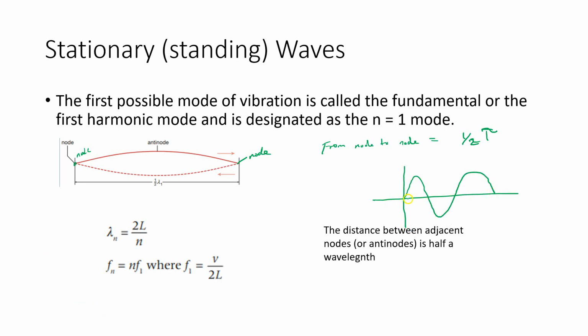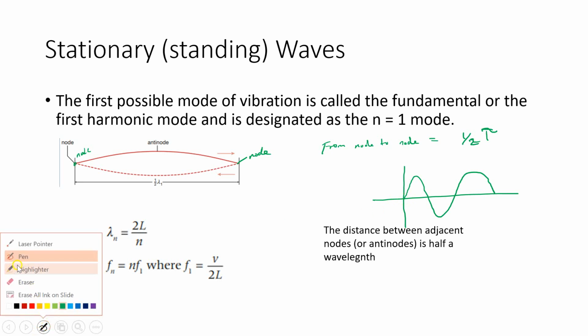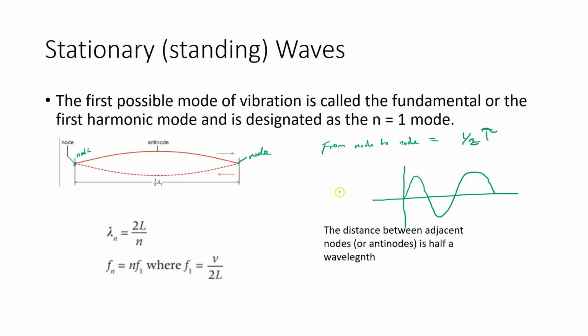Right? So we know that half of a wavelength is when we have one crest, so to speak. Let me show you what I mean right here. So half a wavelength would be from here to here. We're looking at this standing wave between two nodes.